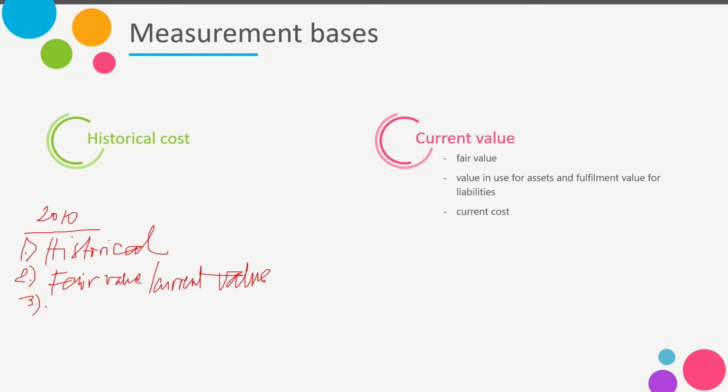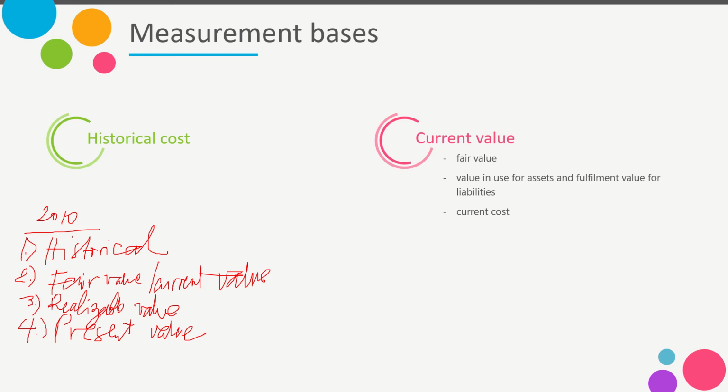Another would be realizable value. You are familiar with realizable value because of the net realizable value in your receivables discussion in fundamentals, and even in FABM. And lastly would be present value.